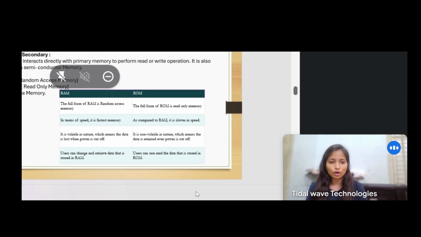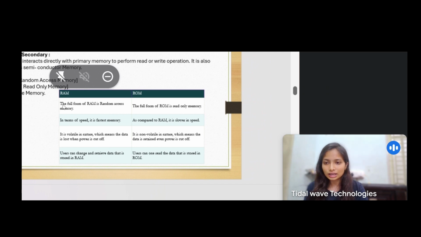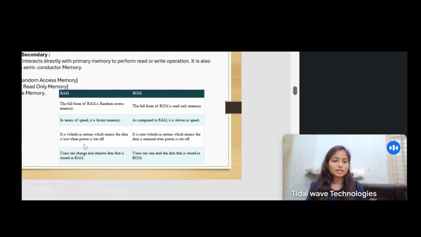Here you can clearly see the full forms as the first point, and in terms of speed, RAM is faster than ROM. It is volatile in nature, which means data is lost when the power is off, whereas in ROM, data will not be lost when the power is off, but still it will store the data.